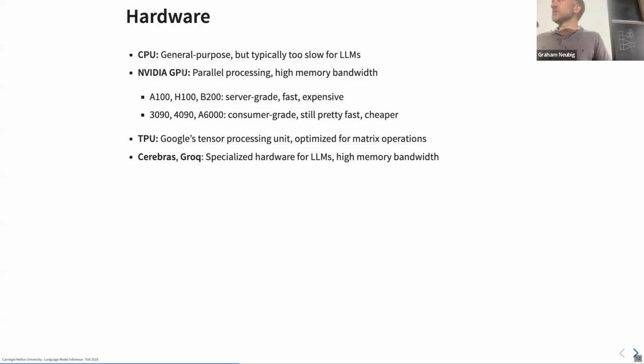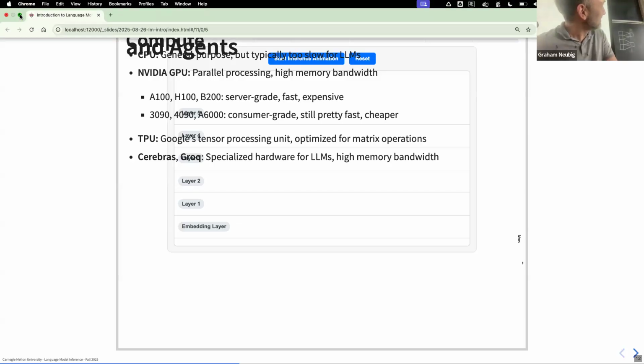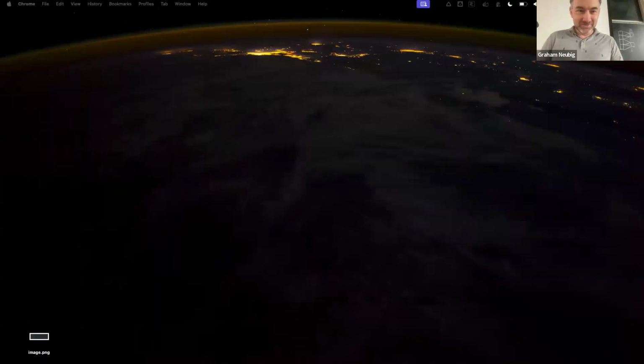Another thing that you may be interested in, though I don't necessarily recommend that you do this for this class project, is that there's also recently a lot of GPU marketplaces.